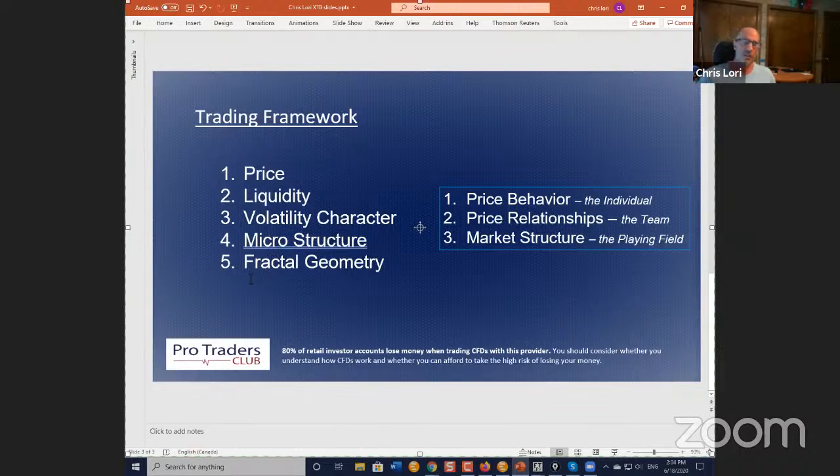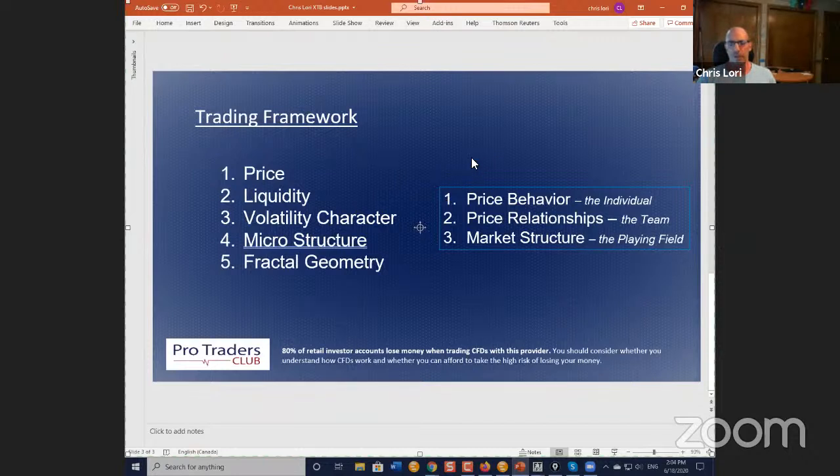That's just a fancy way of saying that the formula and the types of price behaviors that I use for intraday or short-term trading are the same dynamics and the same type of price relationships that I use for swing trading and for my position trades as well. Just that my position trades, of course, are going to have a little bit more fundamental support in terms of the primary drivers underlying that asset.